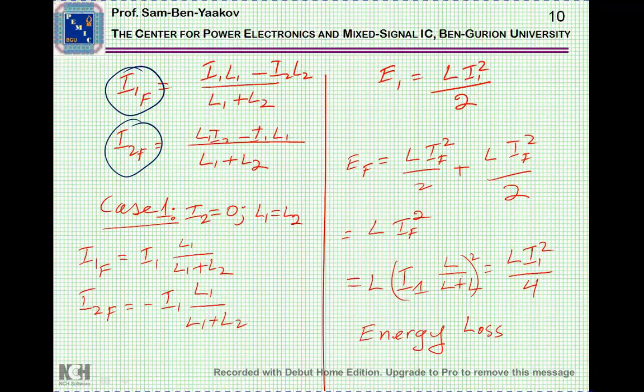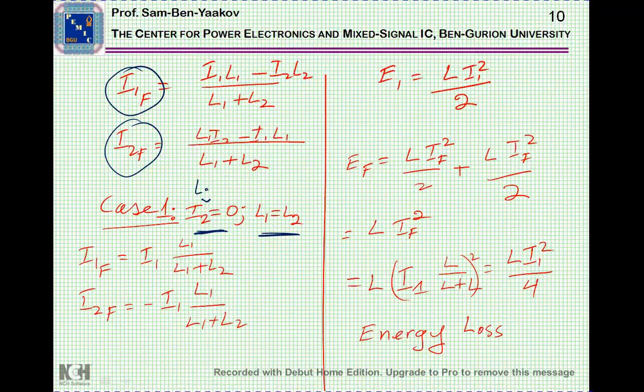And again, let's have a look at the case, which is a simple one, just to compare it to the case of the capacitor that we have looked at earlier, in which the initial conditions are such that the inductor current of L2 is 0, and L1 is equal to L2.